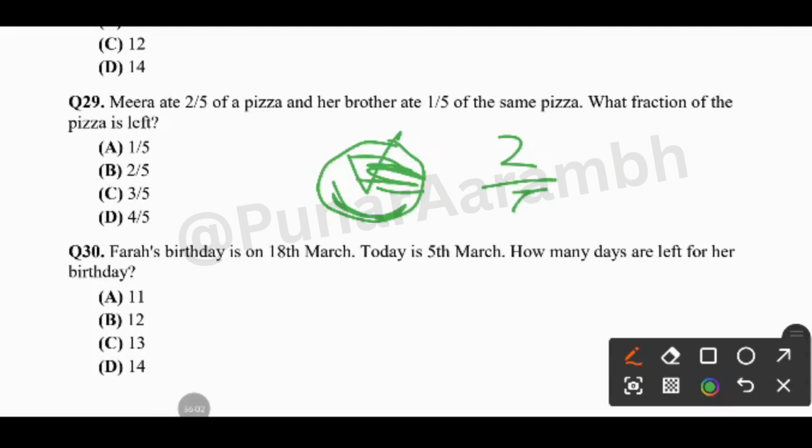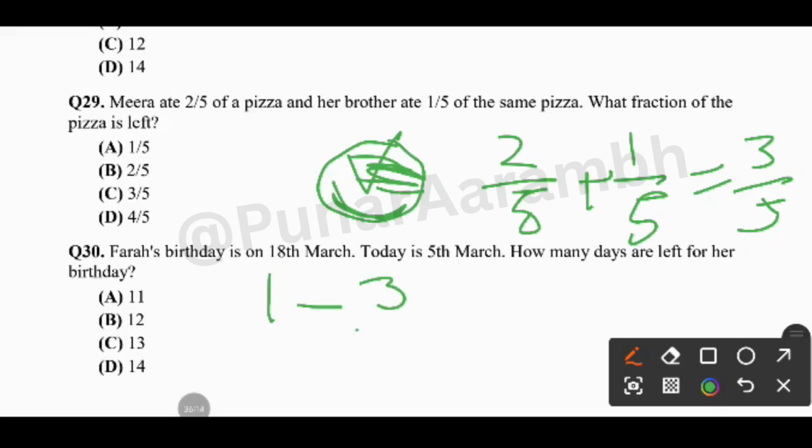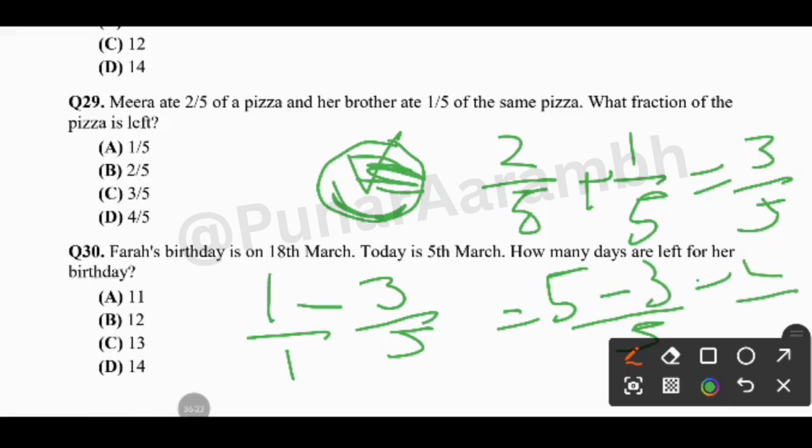So 2/5 plus 1/5 equals 3/5. Now the fraction left is from 1. We will subtract this 3/5 from 1. 5 will be common. 1 is 5/5, minus 3/5, 2 upon 5 will be the answer for this. And that is answer B, 2/5.